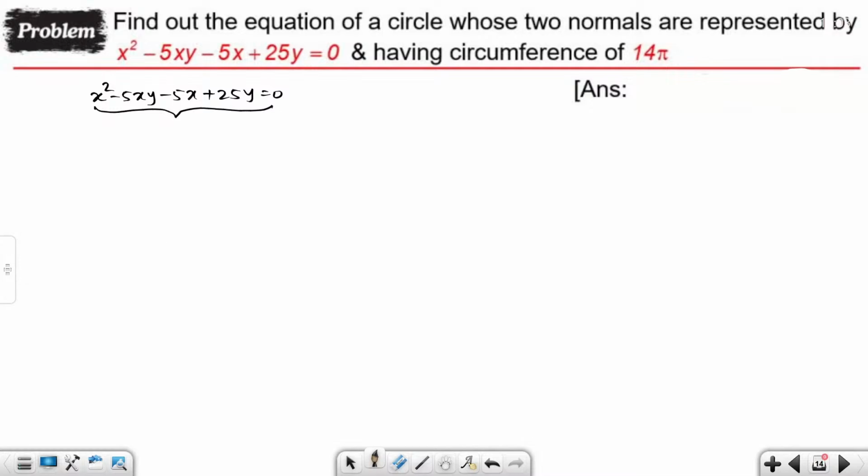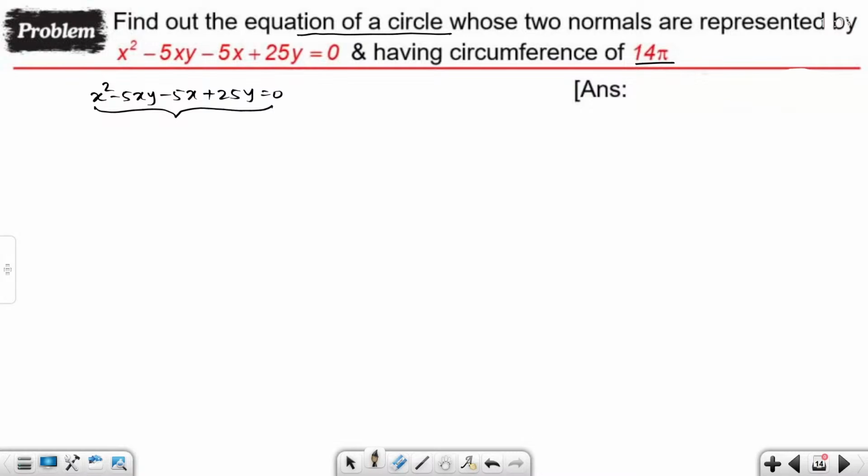This is the combined equation of two normals. And they have said that the circumference of the circle is 14 pi. Now what we have to find out? We have to find out the equation of the circle.